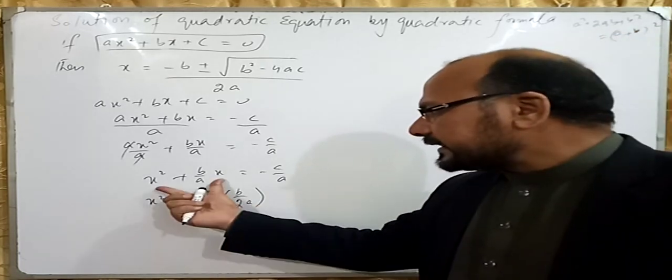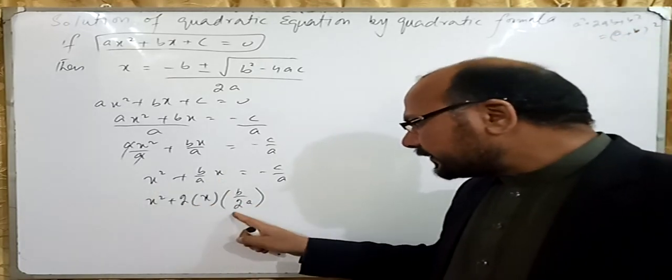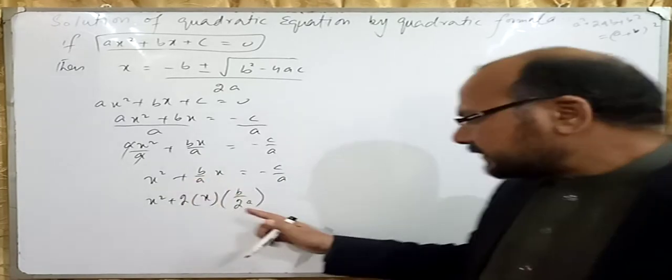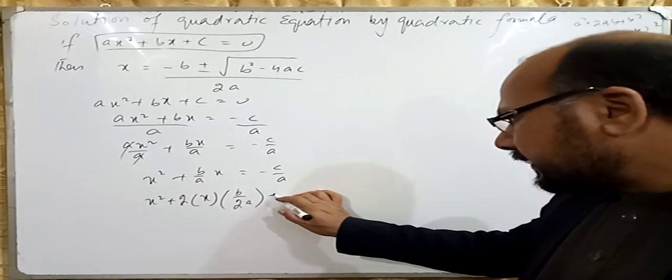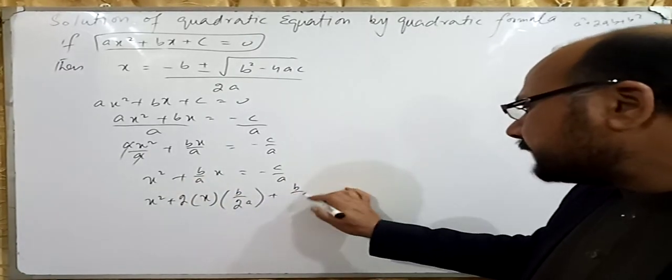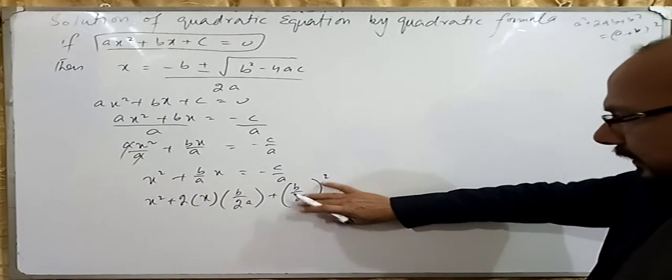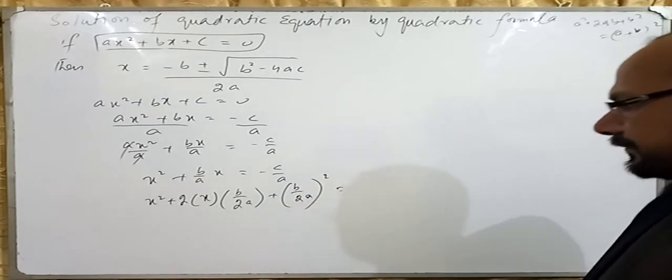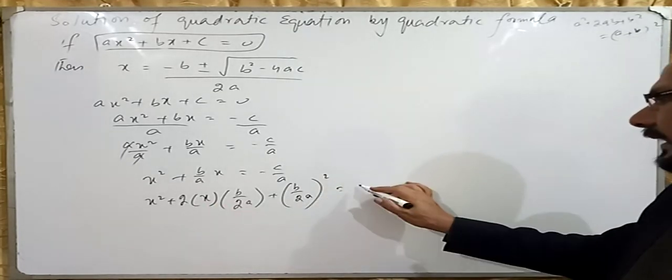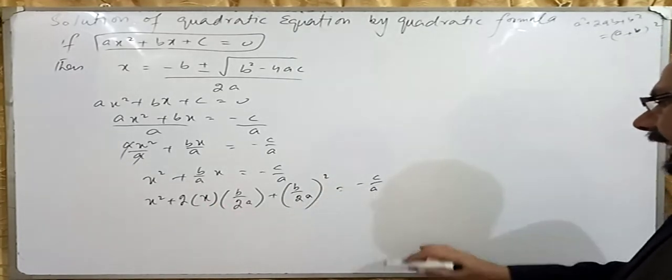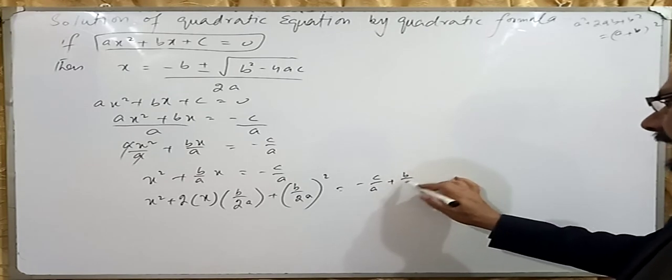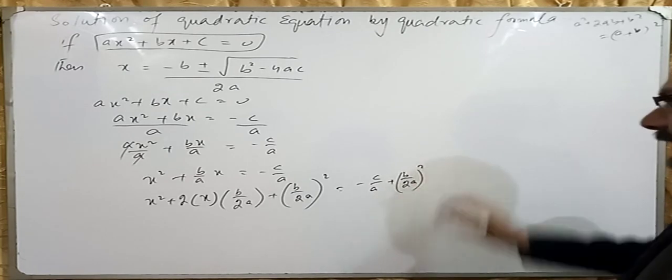If we cancel 2 with 2, we again get the same terms, but it is completing the square. Then this is b, so b by 2a whole square is the second term, which completes the square, equal to minus c over a plus b by 2a whole square.